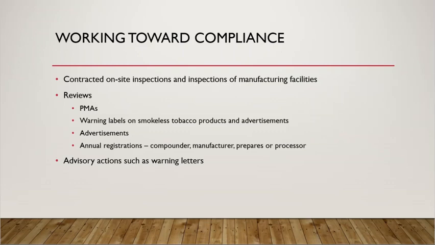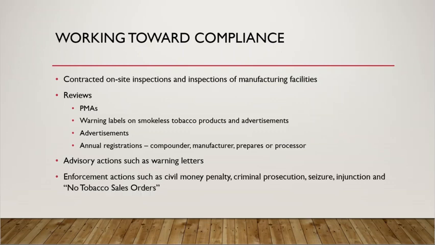And then advisory actions such as warning letters, and then finally enforcement actions: civil money penalties, which we talked about a week ago, criminal prosecution, seizure, injunction, plus a new wrinkle in tobacco enforcement: no tobacco sales orders. And as of August of last year, about 170 no tobacco sales orders had been issued by the FDA. Now, most of those involved repeat violation of tobacco sales to minors.